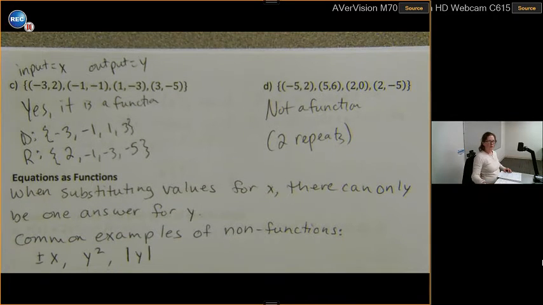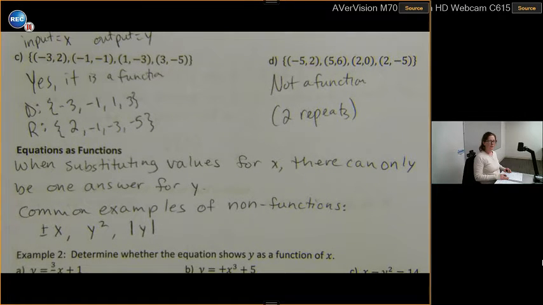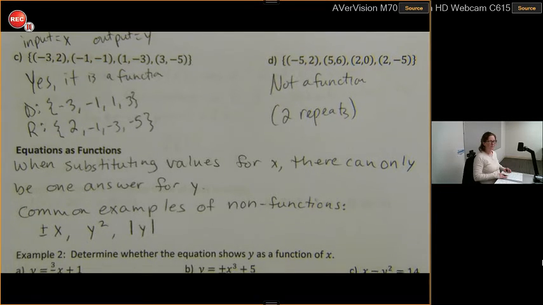When we are working with equations, we have a function when we substitute values for x and there is only one answer for y. Common examples of things that are not functions would be a plus or minus sign in front of the x, y being squared, or the absolute value of y.